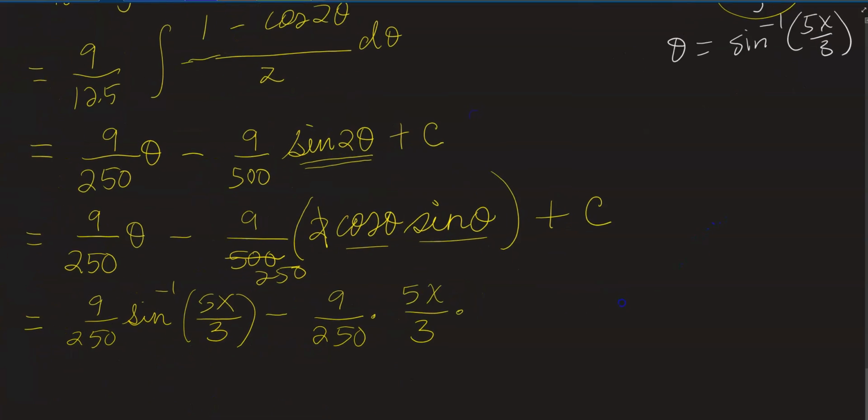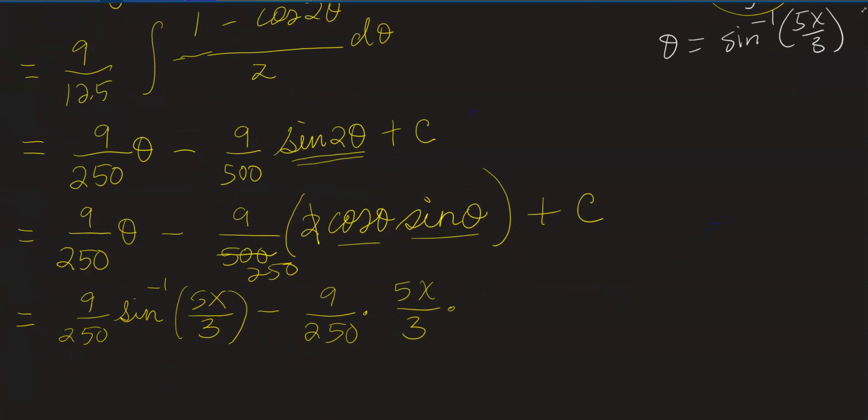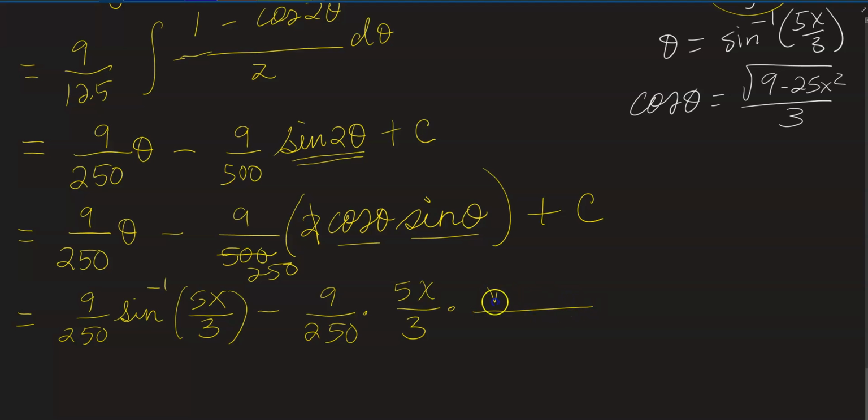So cosine of theta was the square root of 9 minus 25x squared over 3. And that's what goes right here. Square root of 9 minus 25x squared over 3 plus c.